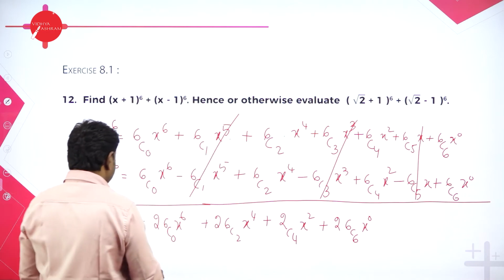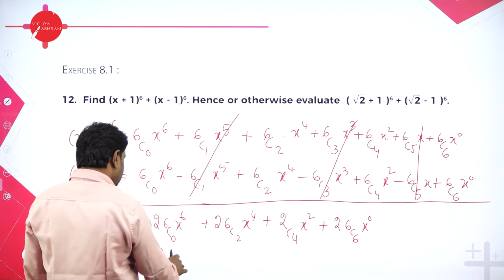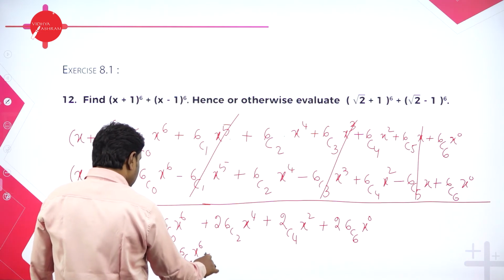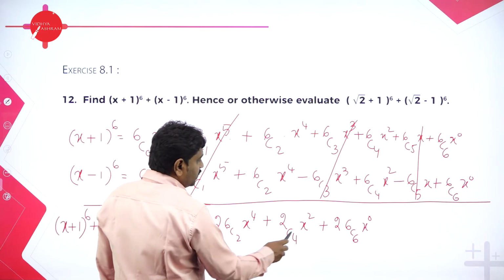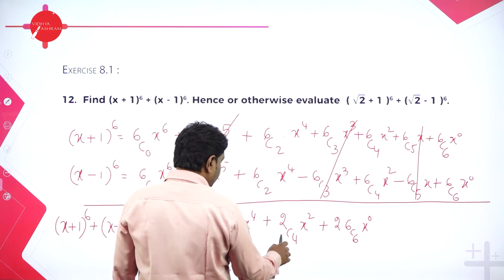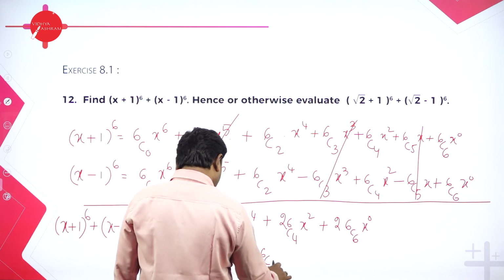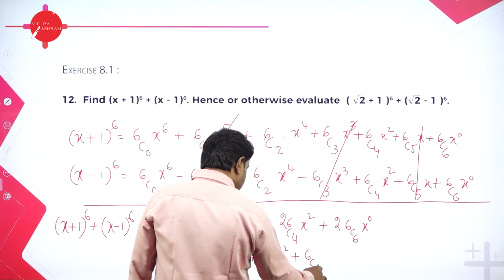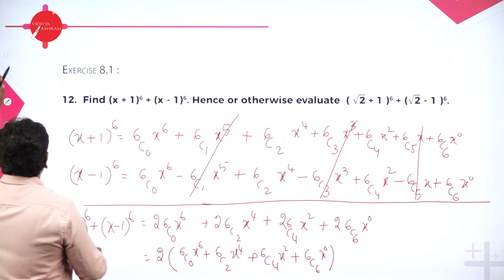Now in all the terms, 2 you can take common and it will become what? 6c naught x power 6 and 6c2 x power 4, and 2 we have taken, so 6c4 x square plus 6c6 x power 0. X power 0 is 1. Further simplify this.